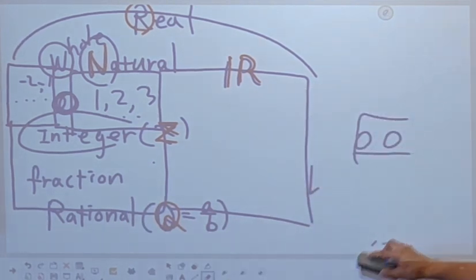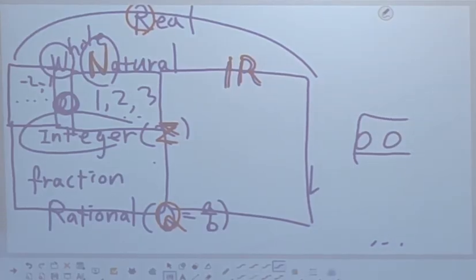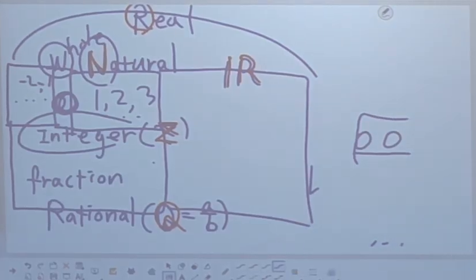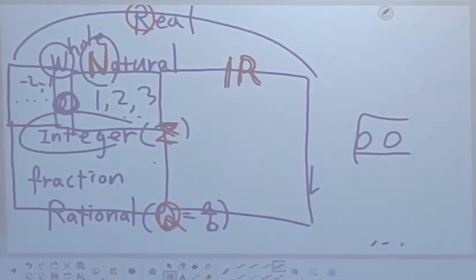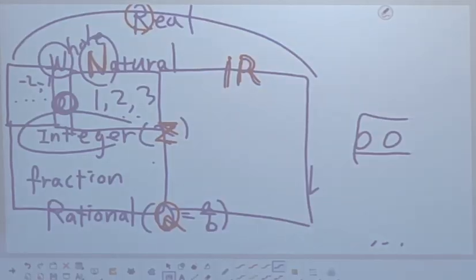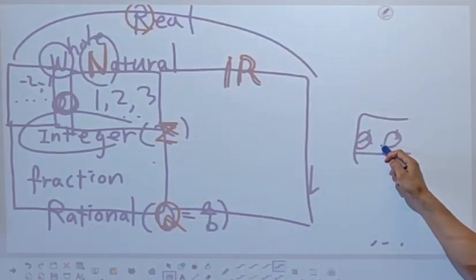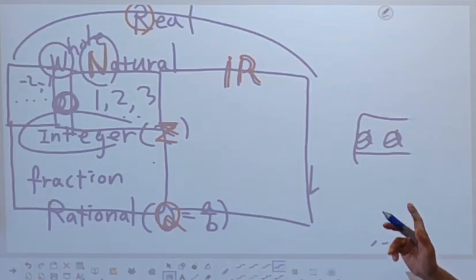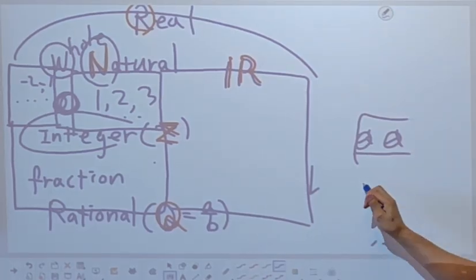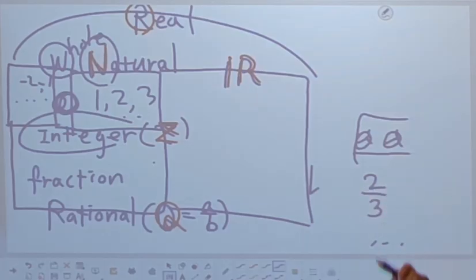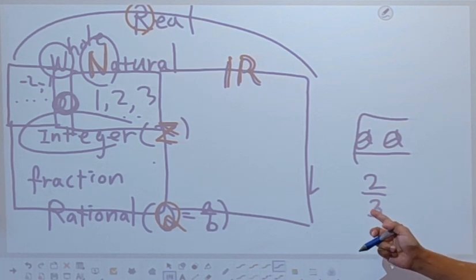Want to be fair, only 2 apples, right? We know that 1 apple is short, but we still have only 2 apples. So we want to be fair. Then what can we do? Cut it in 3 pieces each, right? And then each person can get 2/3, right?